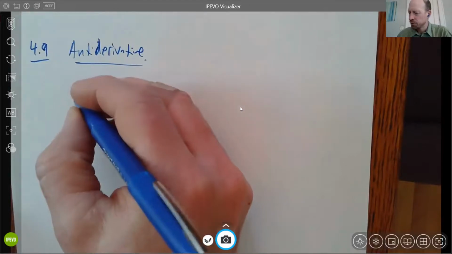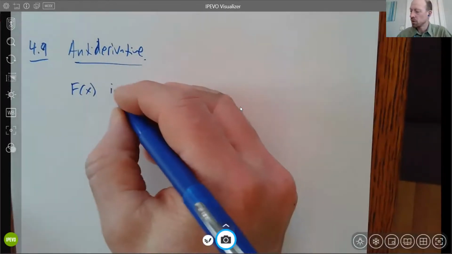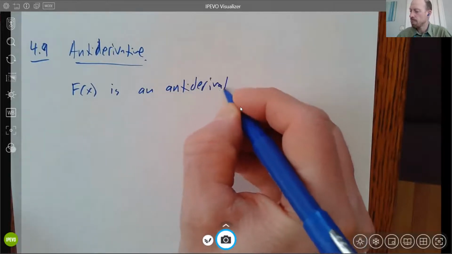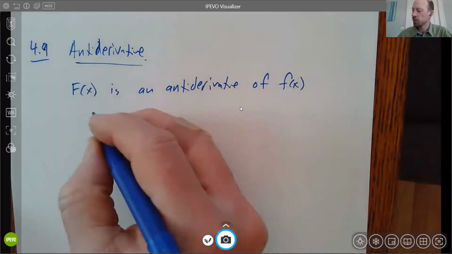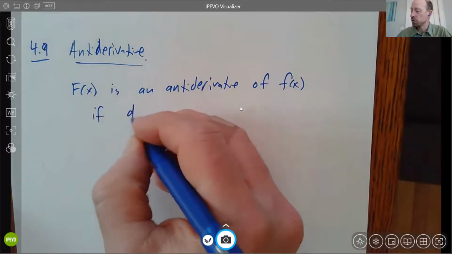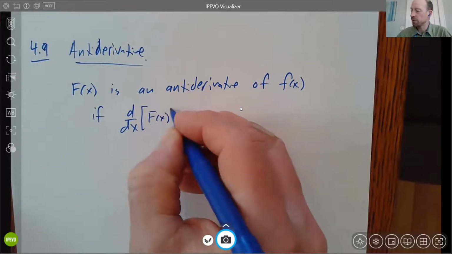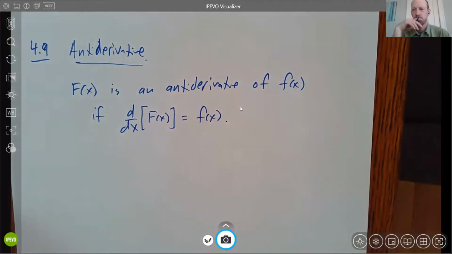So notationally, we say capital F of x is an antiderivative of little f of x if the derivative with respect to x of that function equals f of x.